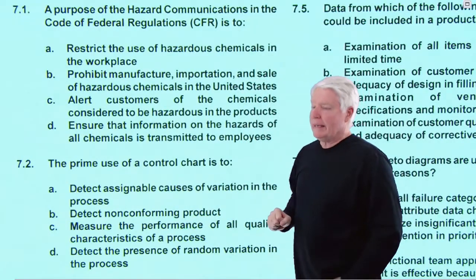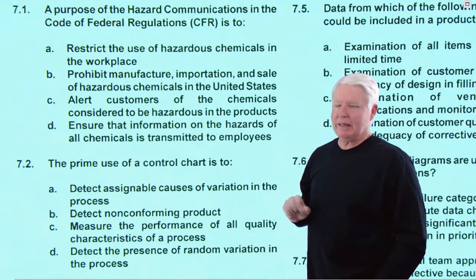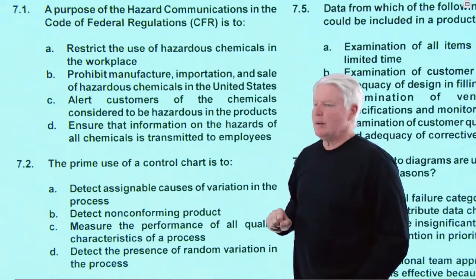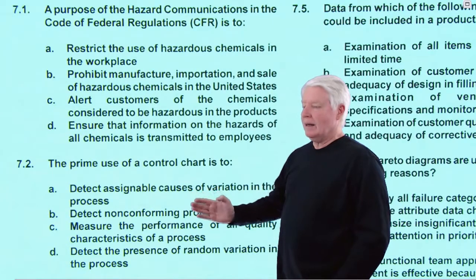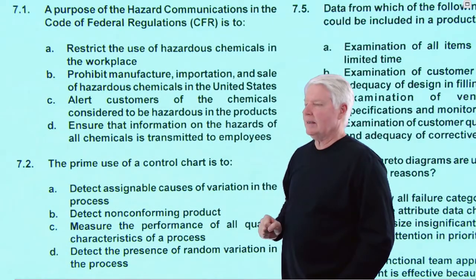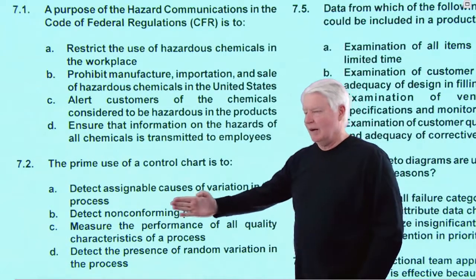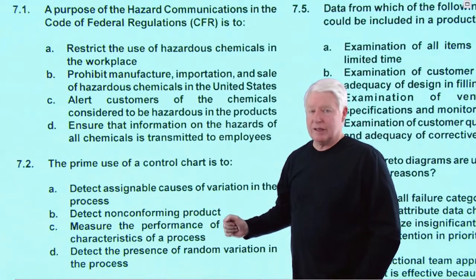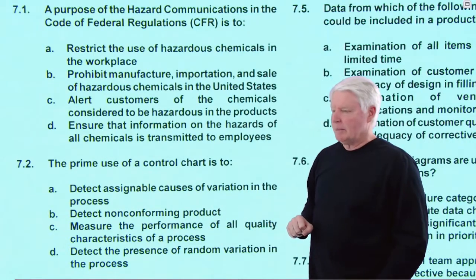The prime use of a control chart is to detect assignable causes of variation in the process. Yes, that's the objective of control charts. So you need to remember that. They test on that all the time. But I'm going to read on to make sure that we have nothing else going on here that could be a better answer, although there's not much better than that one for the definition of the objective of SPC. Detect non-conforming product?